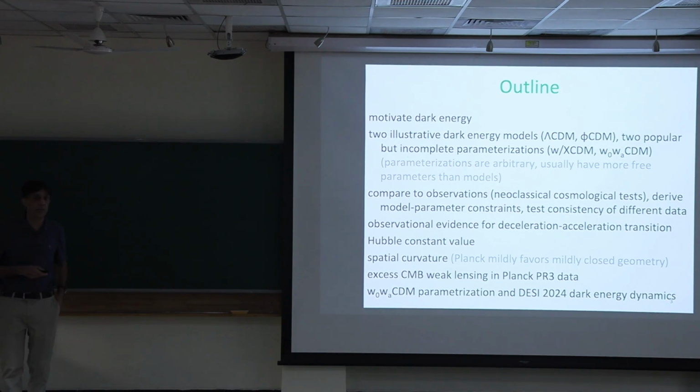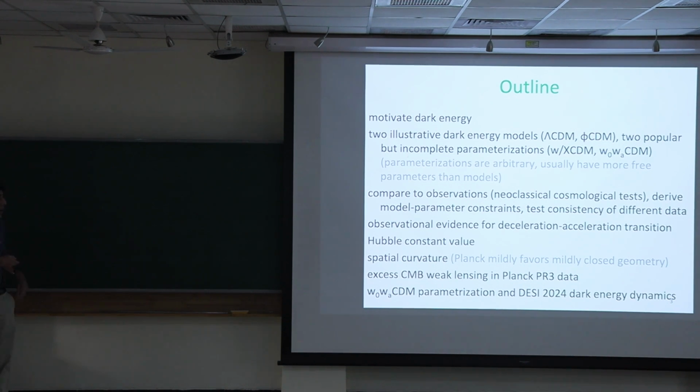So ΛCDM is not that difficult to work with, but a consistent dynamical dark energy model is much more difficult to work with. Instead of using this model, people use wCDM or XCDM or w0wa-CDM. They parameterize the parameter w as a function of redshift, and this will become clearer a little bit later.